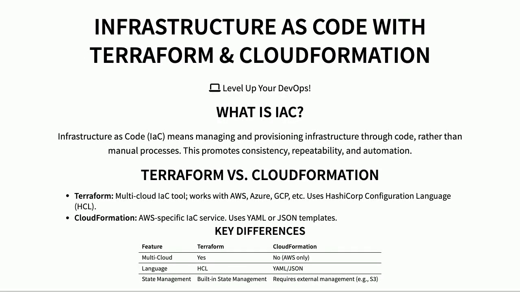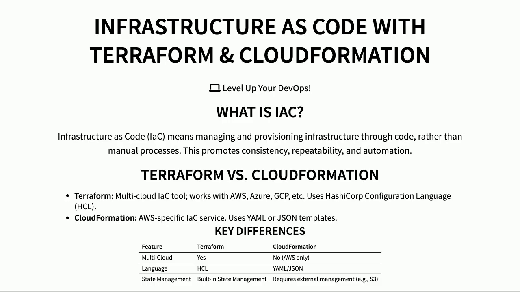Okay, let's talk about infrastructure as code, a really important concept for full-stack developers. Basically, instead of manually setting up servers and networks, we use code to define our infrastructure. This makes things much more reliable and easier to repeat. We'll look at two popular tools, Terraform and CloudFormation. Terraform is super flexible because it can work with many different cloud providers like AWS, Azure, or Google Cloud.